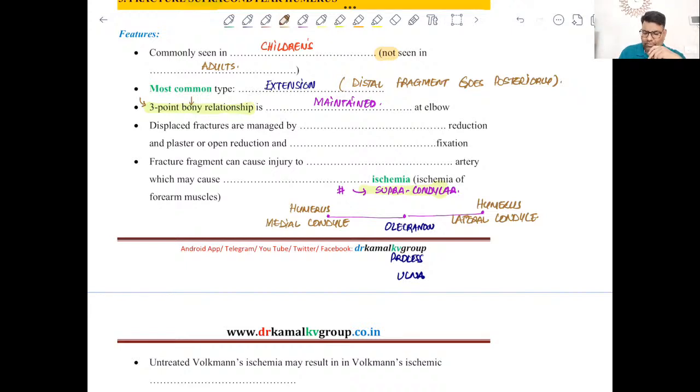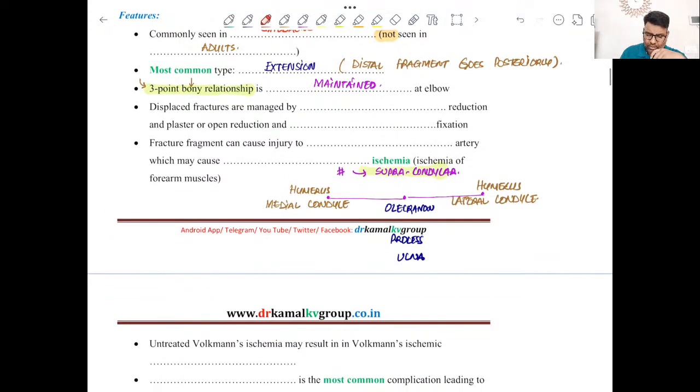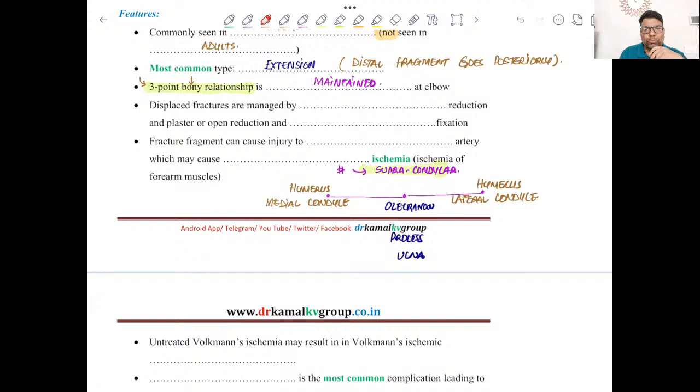So here, since the fracture line is above, it is not going to be disturbed at all, or in simpler words, we will say that the 3-point bony relationship is maintained. Now, if the fracture is displaced, obviously we will need to do reduction, and initially we try closed reduction, right?